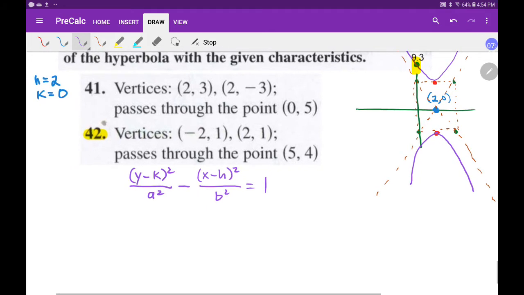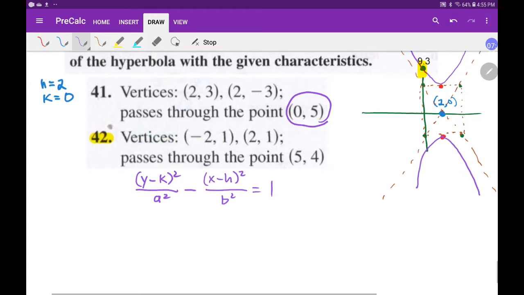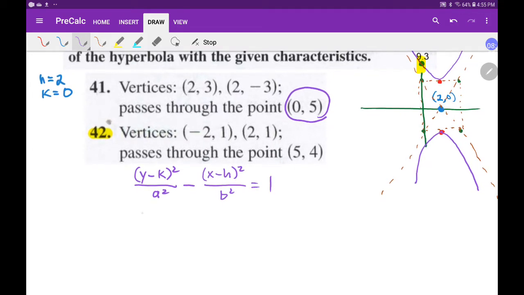And we also know some other things. We know a value for x and y, don't we? Here is a value for x and y. And we know a. The only thing we don't know is b. So let's see what we do here.